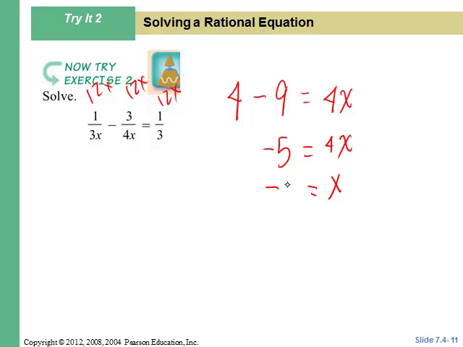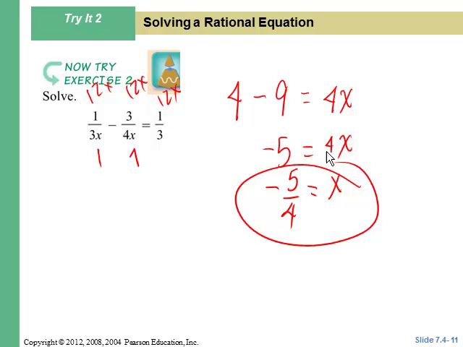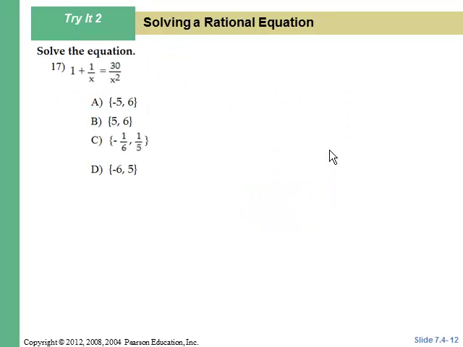So x is negative 5/4. Can't be 0 here, can't be 0 here. So this is our solution. Try this one. Multiply everything by x squared. We get x squared plus x equals 30.